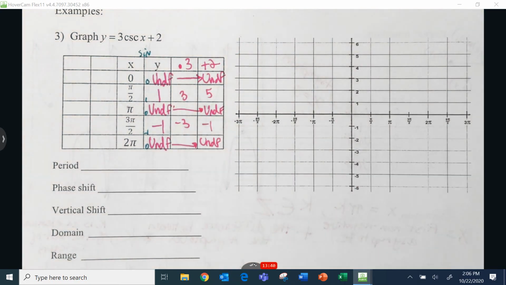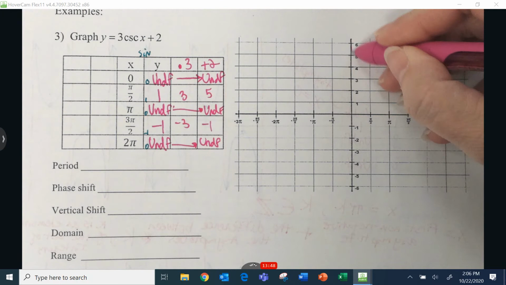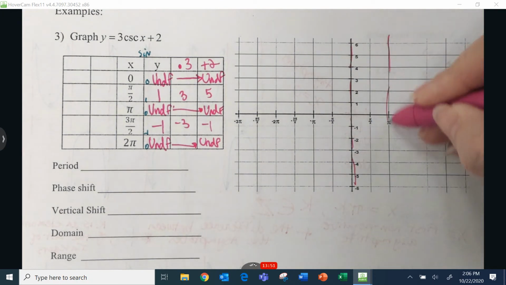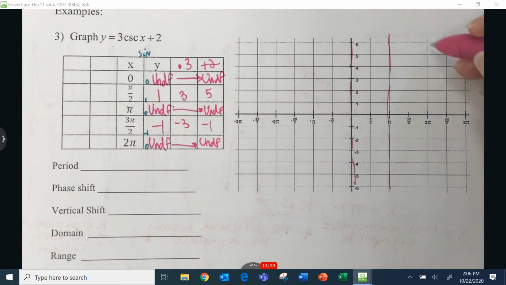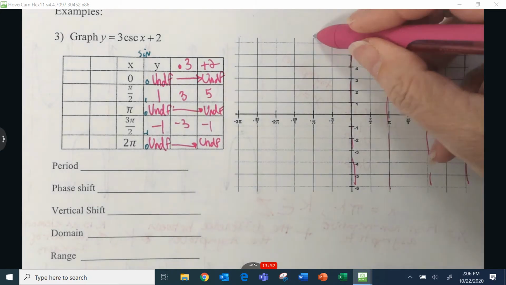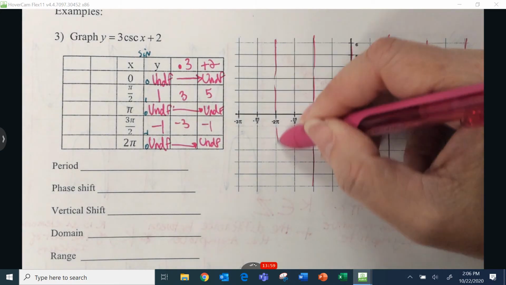All right. So we have our multiply by 3, our plus 2, and that's everything. So we'll go ahead and graph our asymptotes, which are at 0, at pi, at 2 pi, 3 pi, and so on.